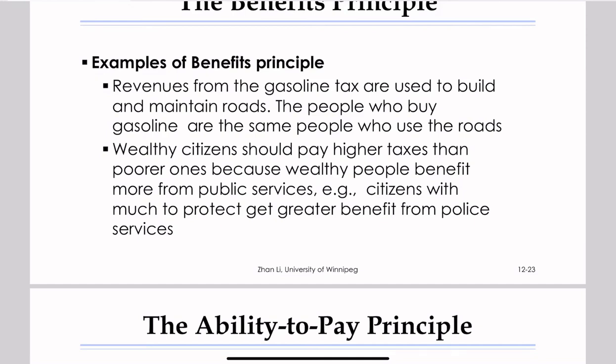For example, if you have a bigger house, if you have nicer cars, then you will actually get larger benefits from police services, right? So if you are getting larger benefits from these public services, then you should pay higher taxes to fund these public services.